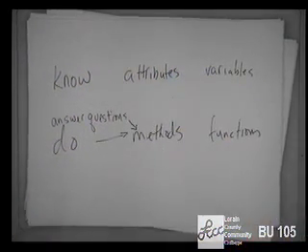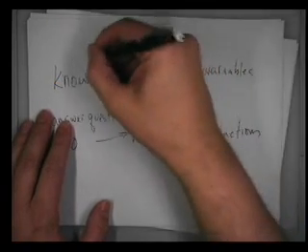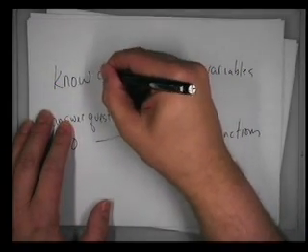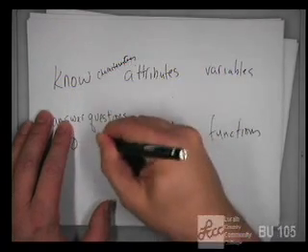So, attributes for a student. What are things that a student would know? A student would know their ID number, their name, their address and phone number. What are some actions that a student is involved in? Another way to say this is characteristics and actions.